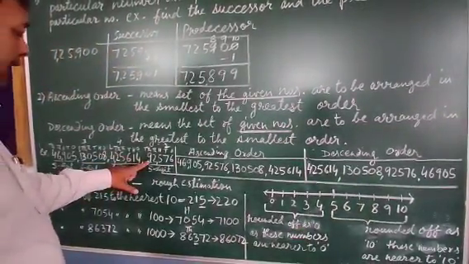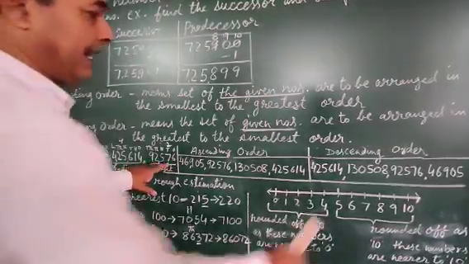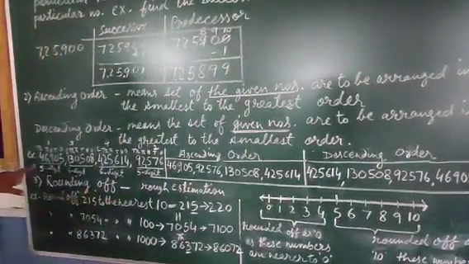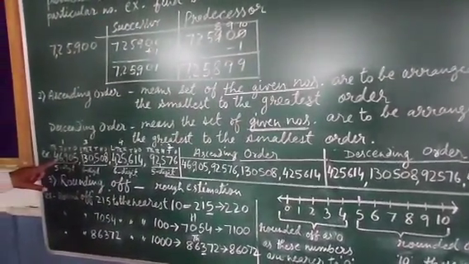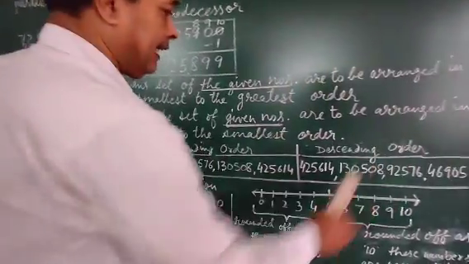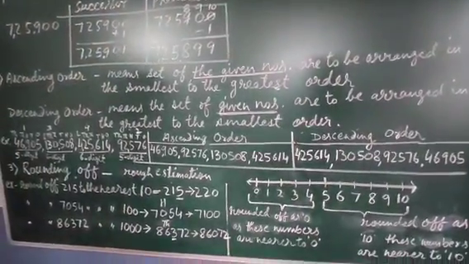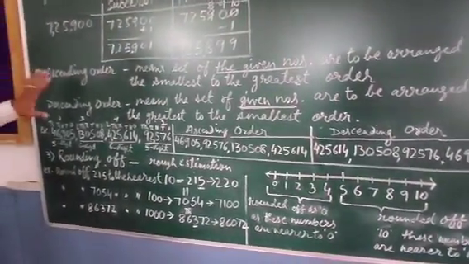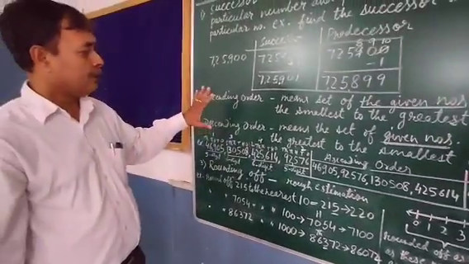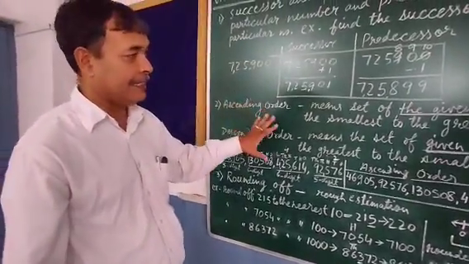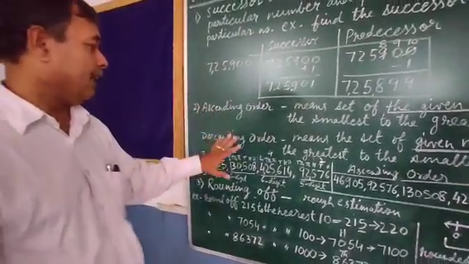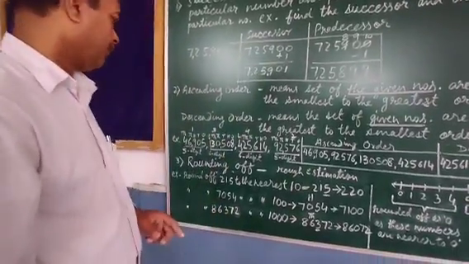After that, 92,576, and the smallest one is 46,905. So this is how we can arrange the given set of numbers in ascending or descending order.